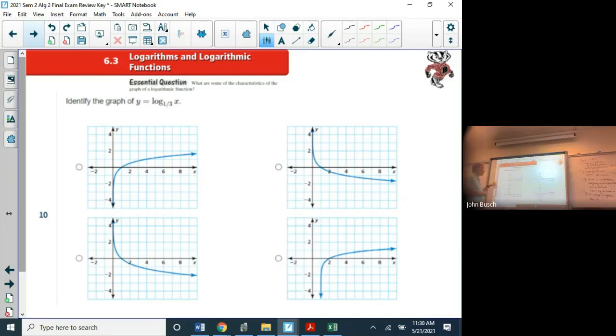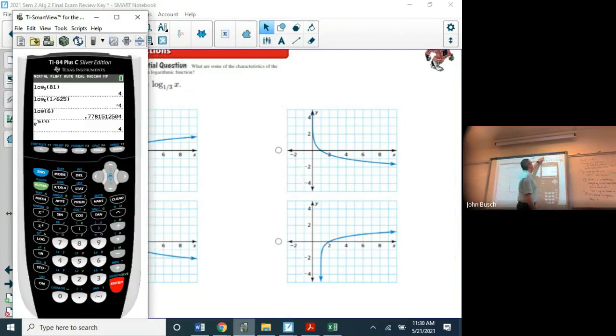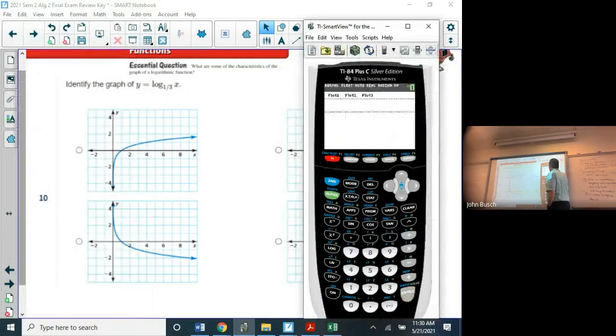So we have to graph this, choose the right one. So I'll graph it quickly and choose the correct one. We've got a log base, so math, log base 1/3, 1 divided by 3 of x. And we'll just graph this. I'll zoom 6, because I just had a different window before.